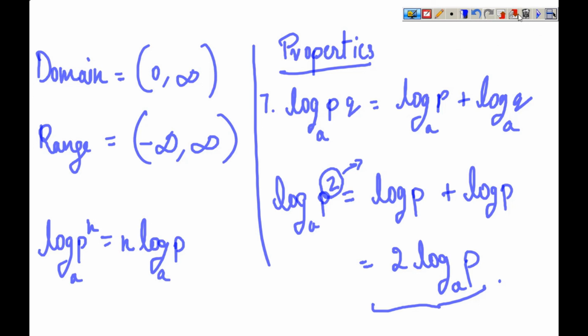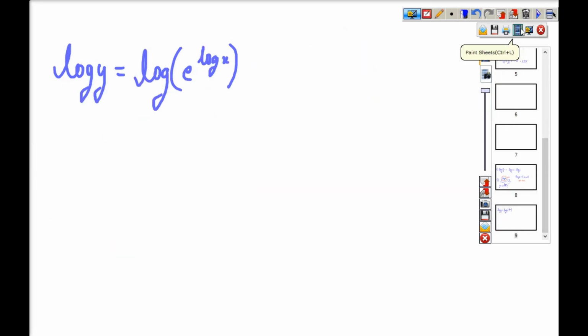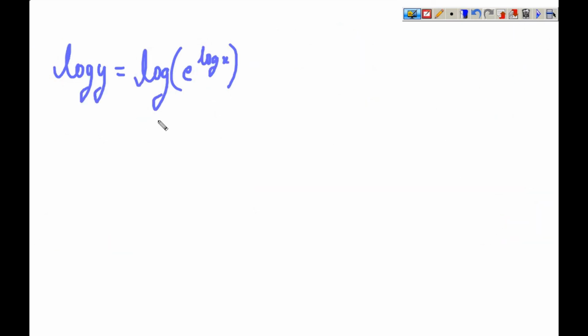So coming back here, log x is a positive number, therefore this is proved. So if this is positive, I can write it as log of x times log of e to the base e.